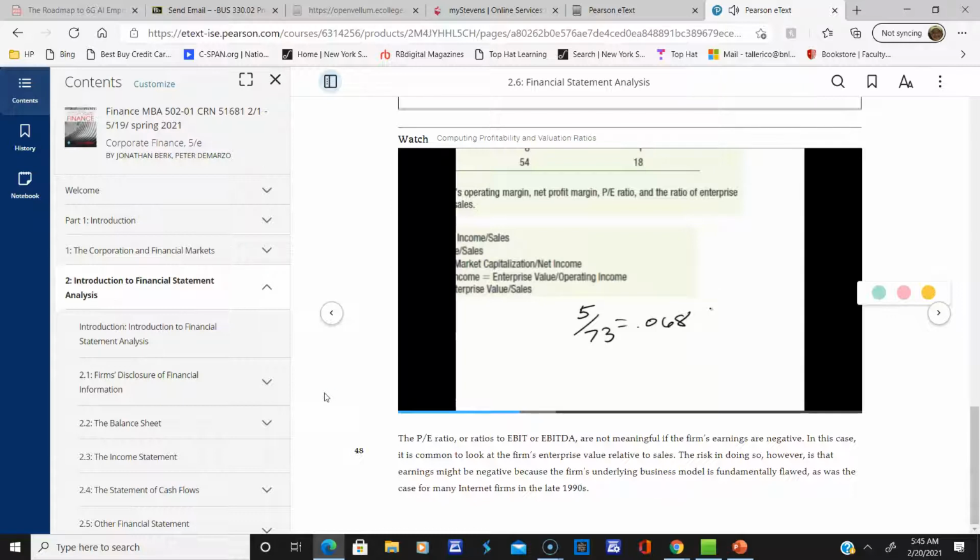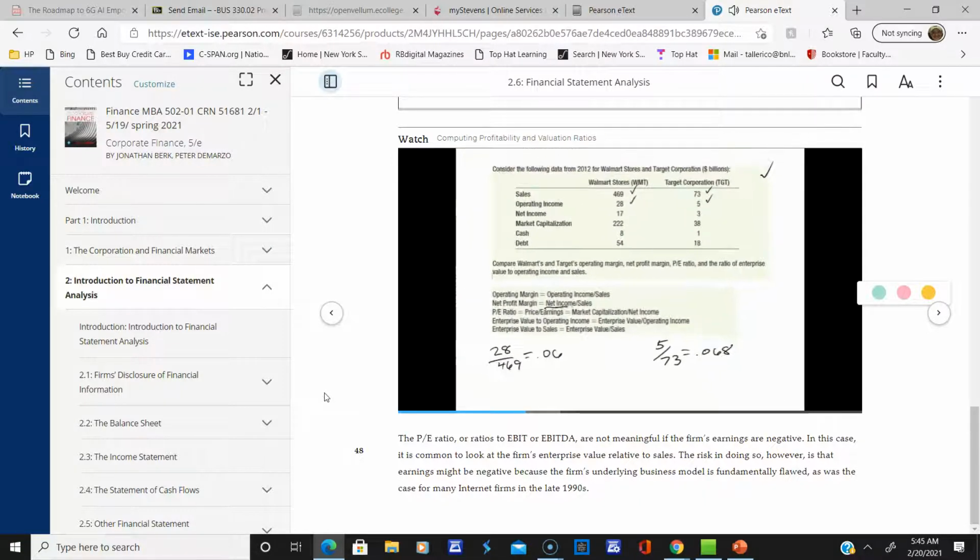Let's check the net profit margin, however. So the net profit margin says look at their net income, their earnings. So how much did they actually earn per dollar of sales? And so for Walmart, net income is 17, Target is 3.